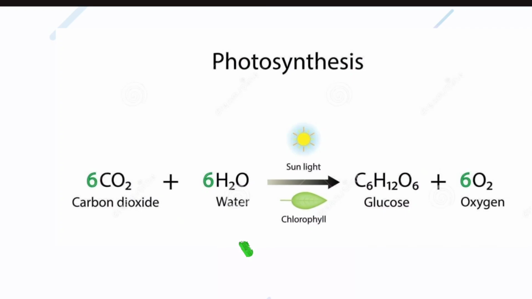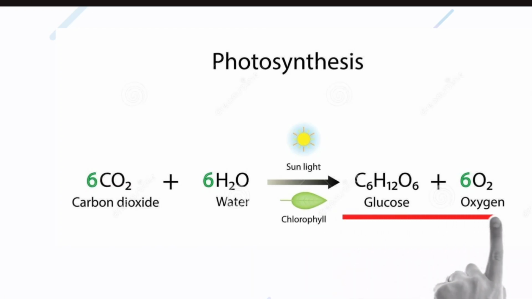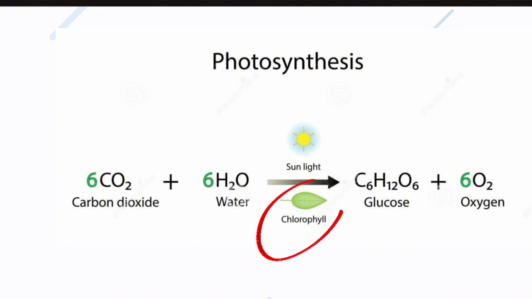This is the chemical equation for photosynthesis: 6CO2 + 6H2O, in the presence of sunlight and chlorophyll, gives C6H12O6 + 6O2. So 6 molecules of carbon dioxide and 6 molecules of water are converted into 1 molecule of glucose and 6 molecules of oxygen by plants using sunlight and chlorophyll.